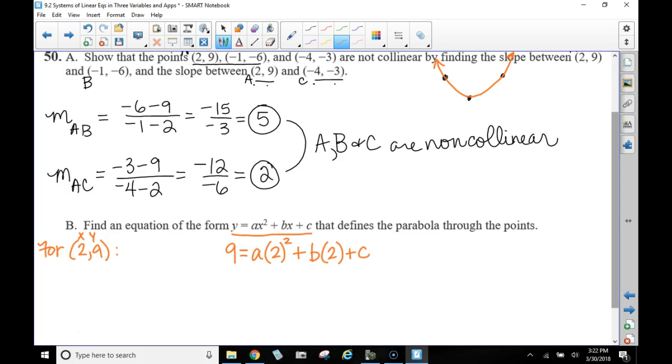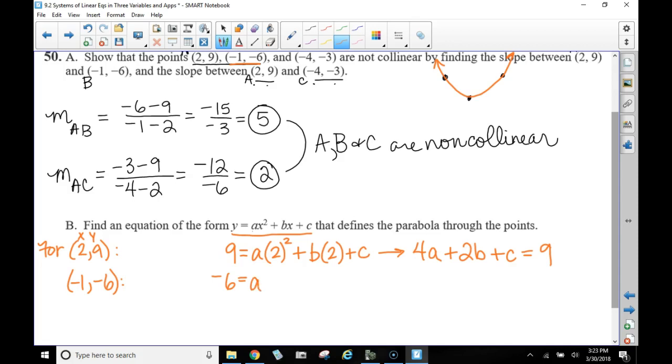Okay? So we plug that in for each of these 3 points, and then we're going to clean it up. It will be a times 4, or 4a plus 2b plus c equals 9. That's a good form for that first equation. Okay? For the next point of -1, -6, the -6 is the y.